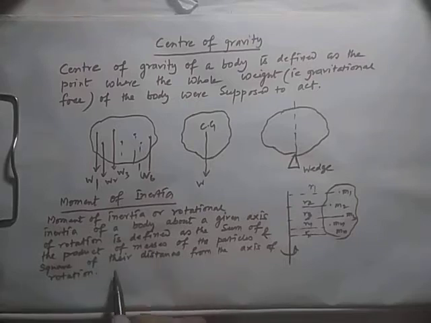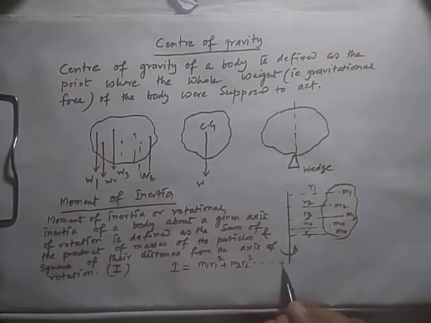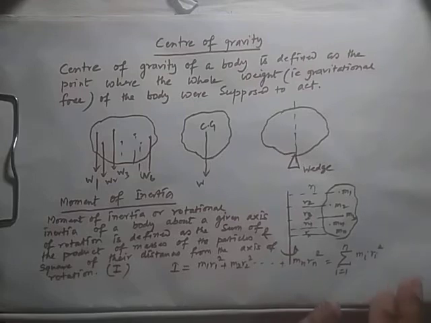It is denoted by capital I, remember. So I is equal to m1 r1 square plus m2 r2 square, and so on, plus mn rn square. In short form you can write it as summation i equal to 1 to n of mi ri square. That is the expression for the moment of inertia.